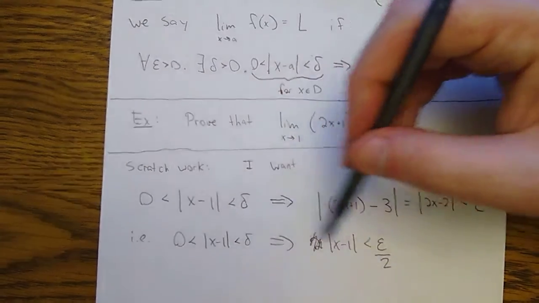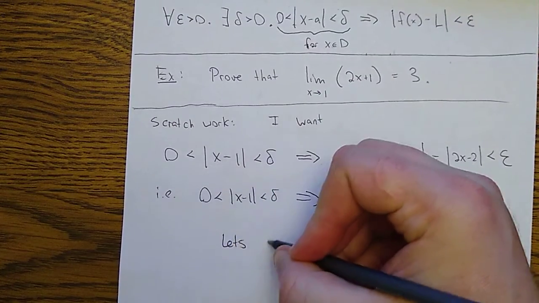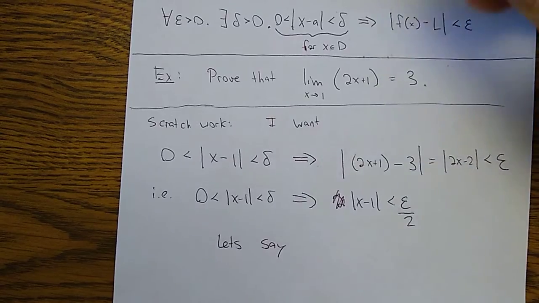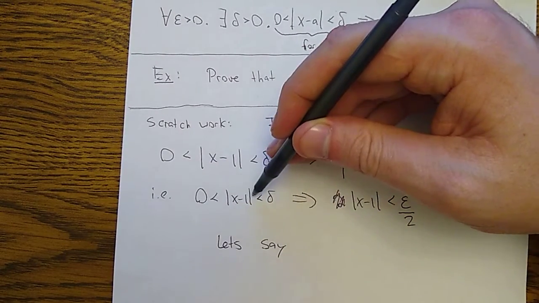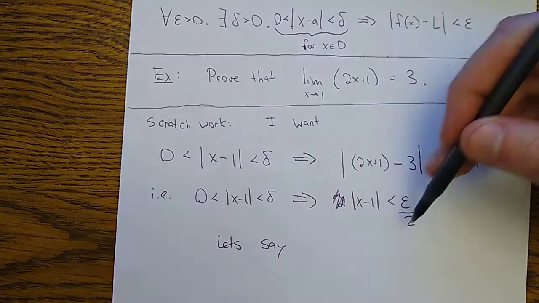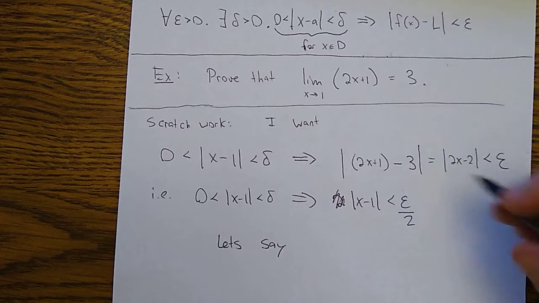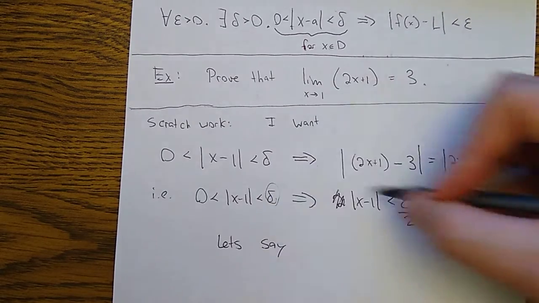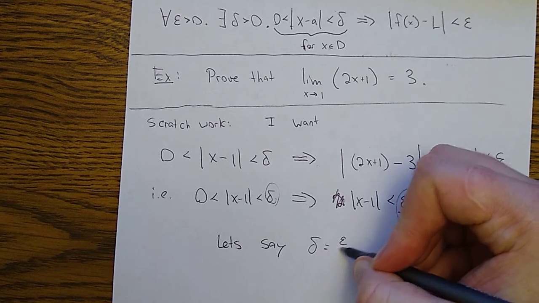And this tells me a lot. I would like this to imply this. So if absolute value of x minus 1 is less than delta, then I want it to be less than epsilon over 2. I mean, why don't I just make delta and epsilon over 2 the same?